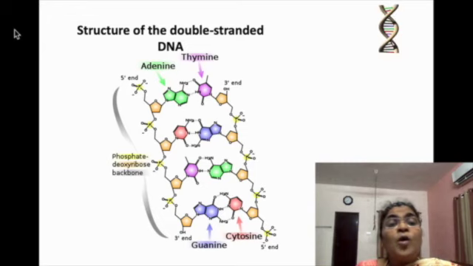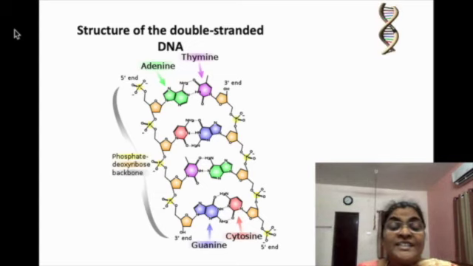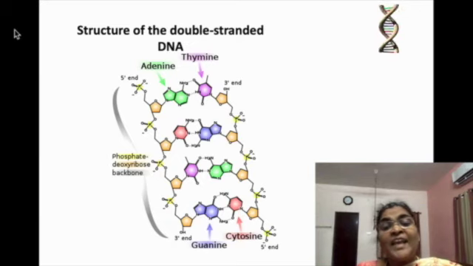We say this is double stranded DNA because adenine is always bound to thymine, and guanine is always bound to cytosine. In other words, A's complement is T and G's complement is C. In the same way, T's complement is A and C's complement is G.